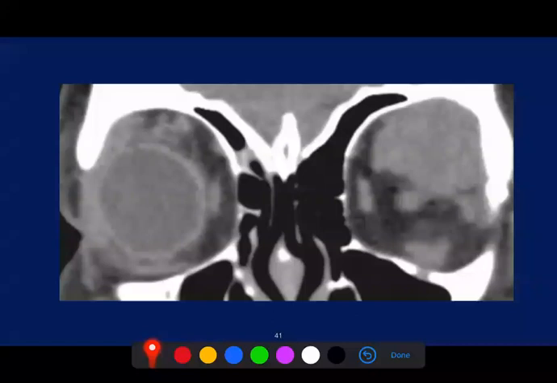So what's the differential diagnosis? Also there are bony changes in this section. So what kind of bony changes do you see? I would say taking the shape of the bone.